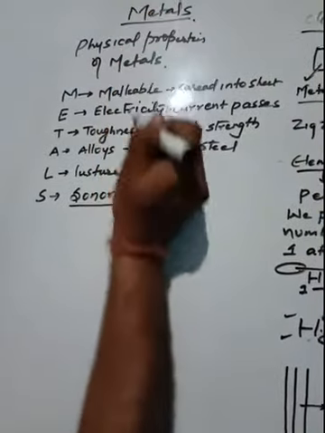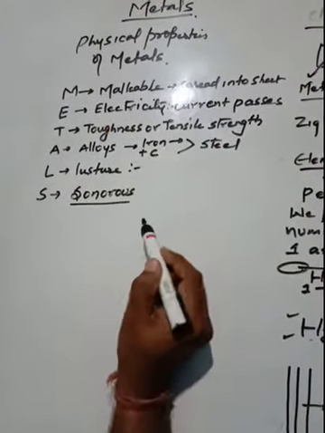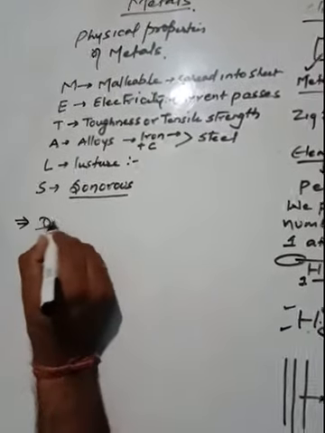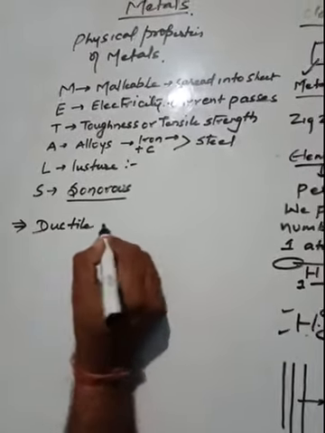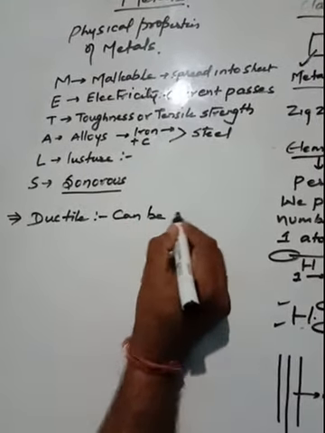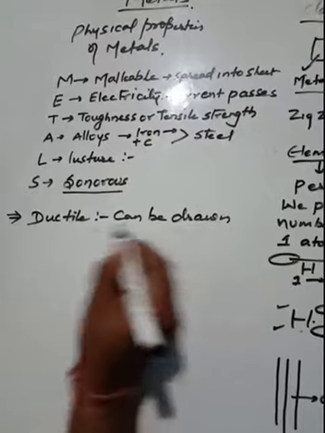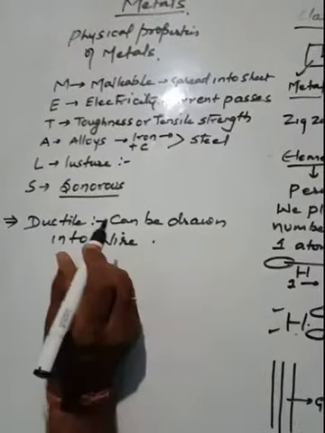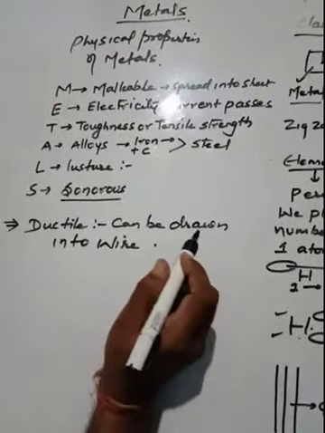From this conceptual view, we can elaborate our sense. Still, one thing is missing, that is ductile nature. Ductile means can be drawn into wire.